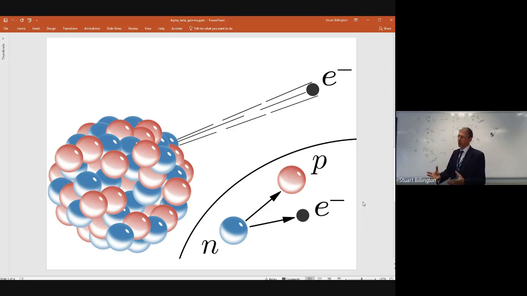So there's your little bundle of protons and neutrons sitting there in a big ball, making up the nucleus. And then one day, one of the neutrons just decides, you know what? I'm fed up being a neutron. I'm going to turn into a proton and an electron instead. And that's what it does. So the proton, unfortunately, gets left behind. It's in amongst the nucleus with all of its other proton and neutron friends, and it can't go anywhere.